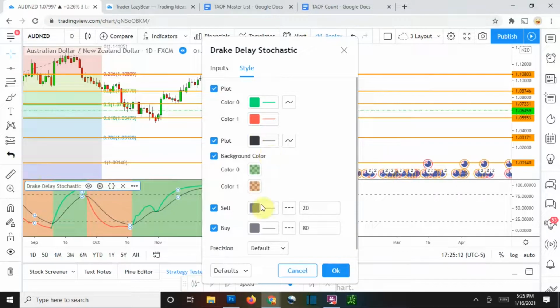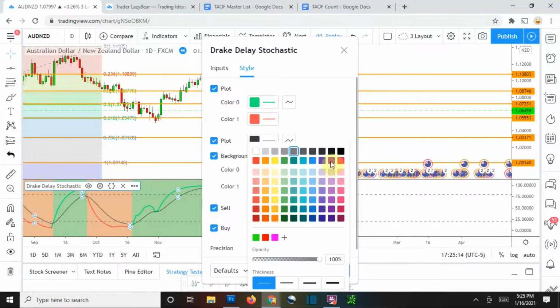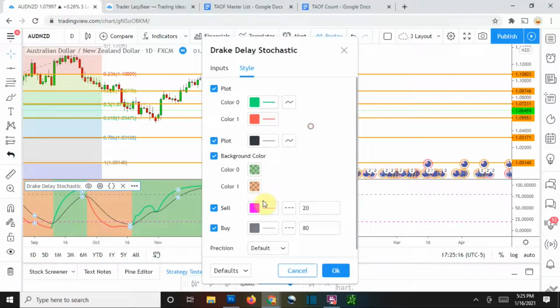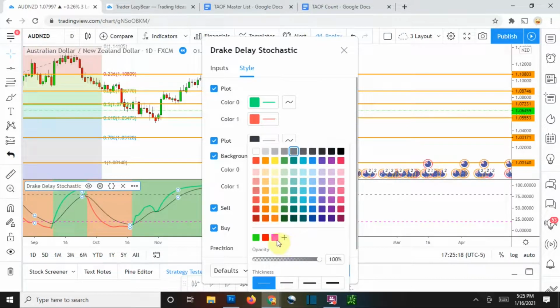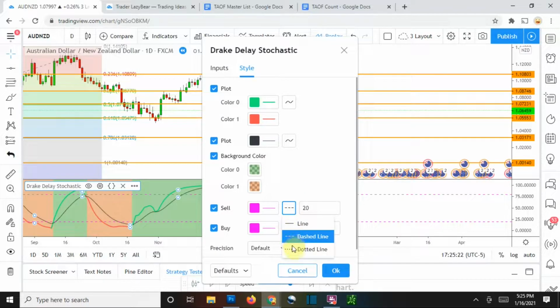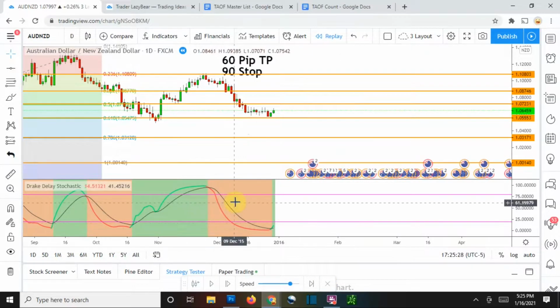So let me change these real fast here, just so that way they're a little bit easier to see. Let's do that and change them to a standard line like that. Alright, so now you can see these two purple lines here. One is an overbought and one is an oversold.